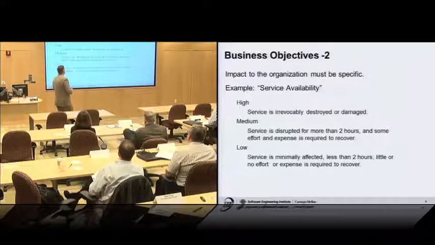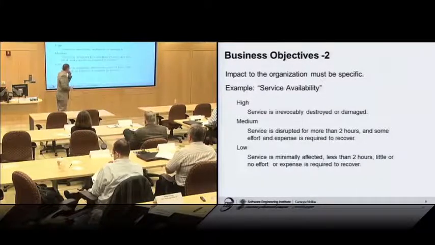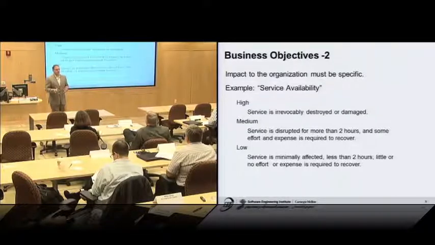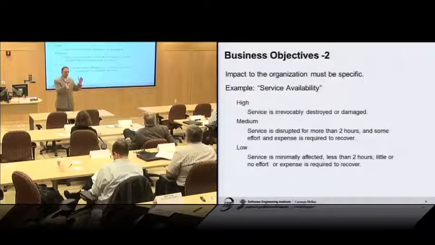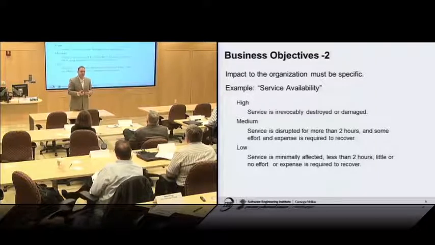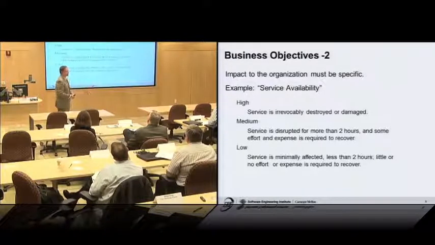If we look at the example that we have here on the slides in terms of service availability, let's say we have an e-commerce server, and our business objective is 100% availability, meaning if I can't have this e-commerce server up and running all the time, I'm sunk as a business. And so our objective there is general good service availability.